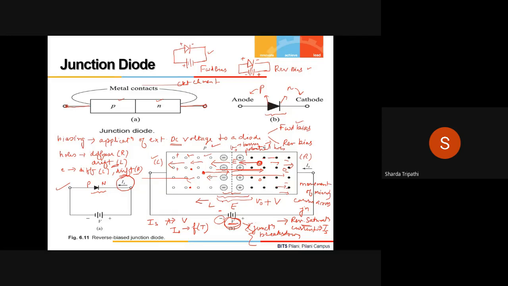We will not go into the details because this is not required right now. But the idea is that not all breakdowns will cause the diode to get damaged. In fact, in the Zener breakdown, this breakdown causes very large current to flow through the diode, which in turn helps to maintain constant voltage across the load.